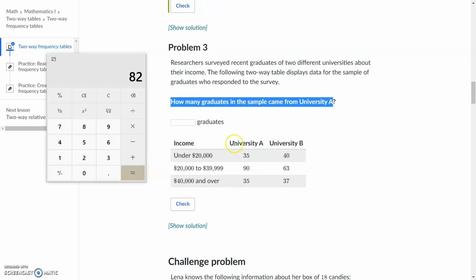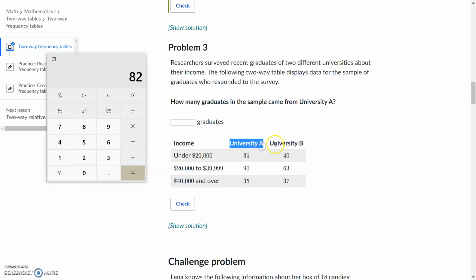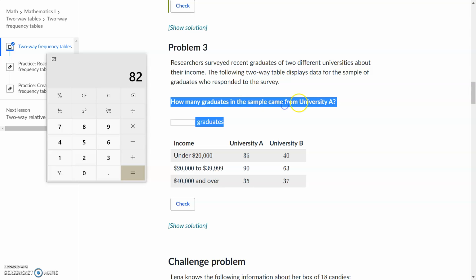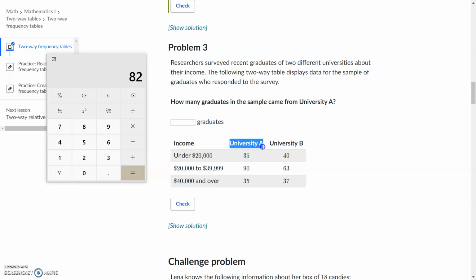So we have two columns, University A and University B, and then 3 categories, under 20,000, 20,000 to 39,999, and 40,000 and over. So the question is, how many graduates in the sample came from University A? So they just want the total for this column, University A.